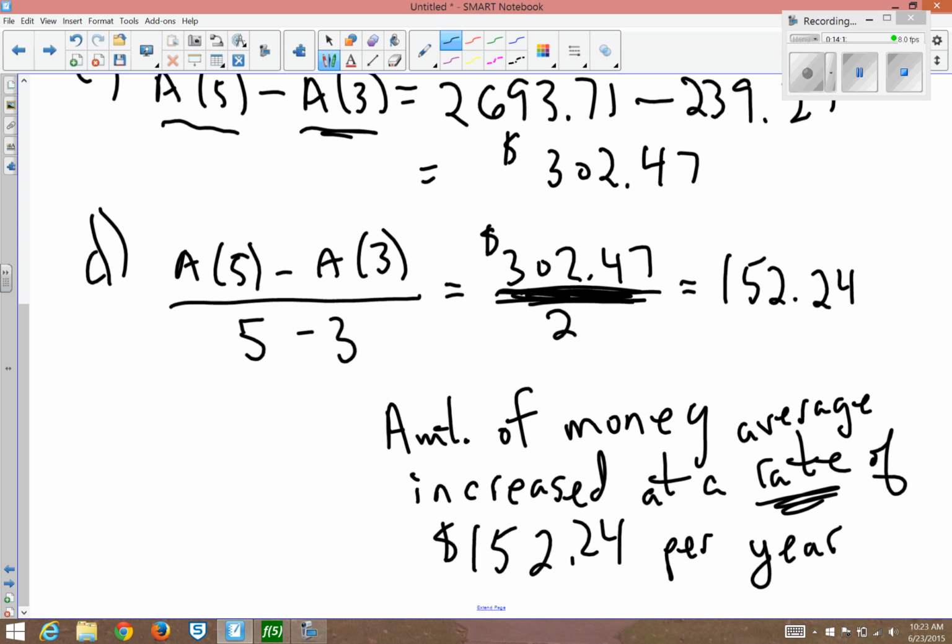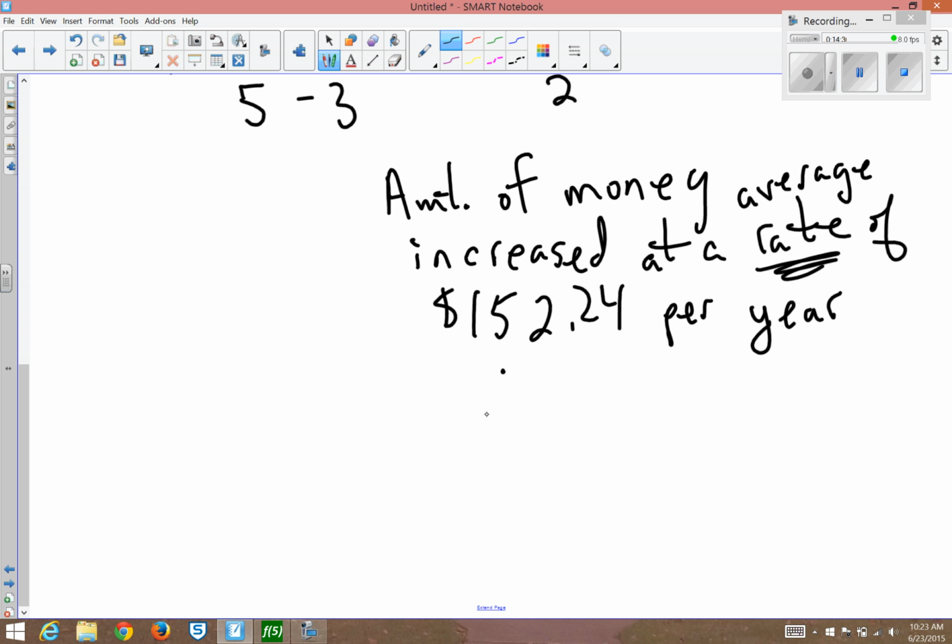The amount of money increased at an average rate of $152.24 per year for the time period 3 years to 5 years. I'll say from year 3 to year 5.